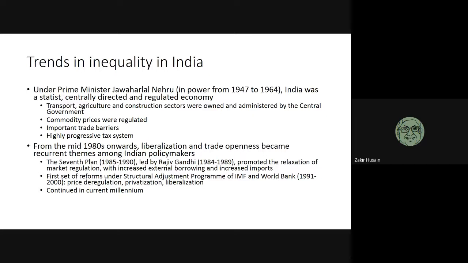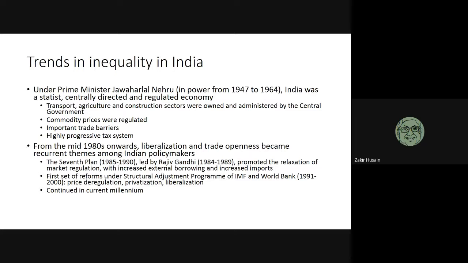Transport, agriculture, construction, it was mainly in the public sector. You may ask how is agriculture in the public sector? Well, agriculture is not in the public sector. But the central government provided a lot of protection to the farmers in terms of minimum support prices, purchasing of buffer stocks, and so on.